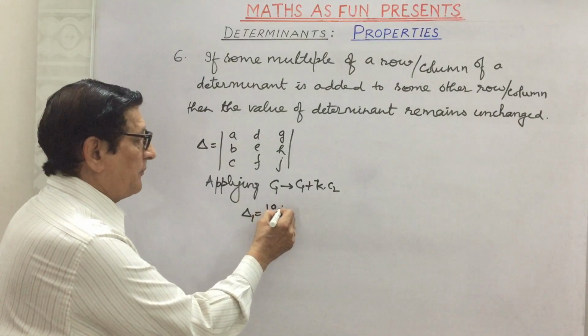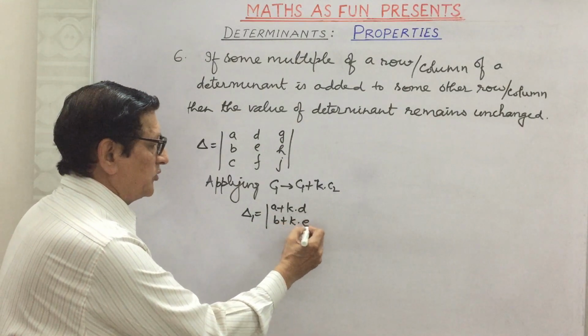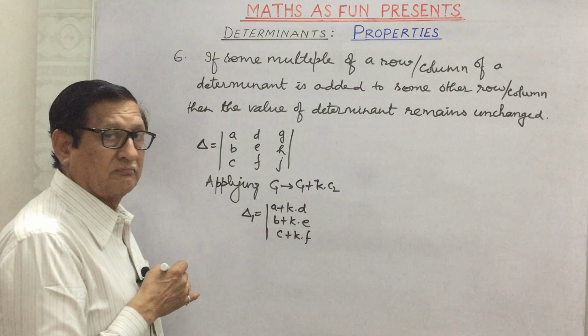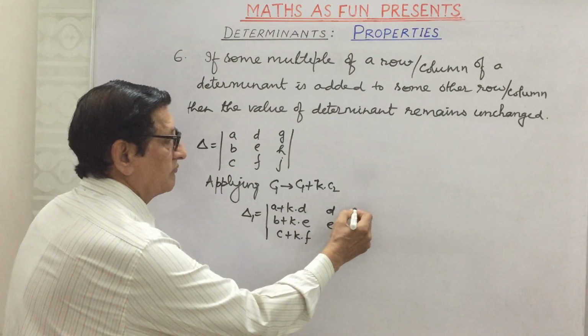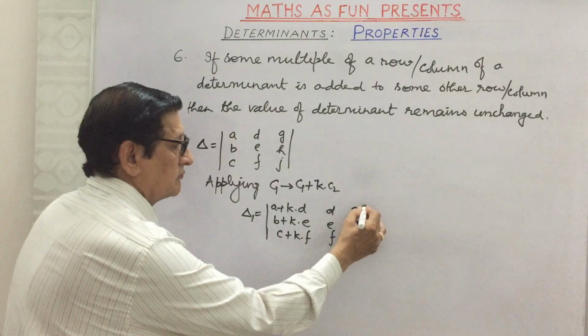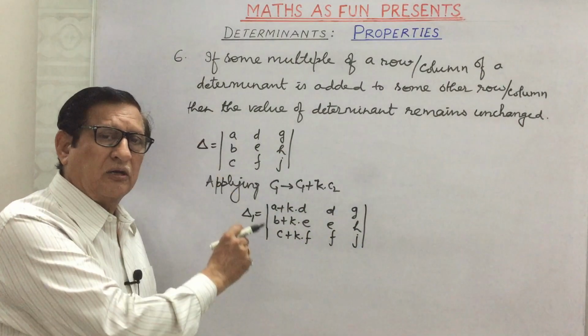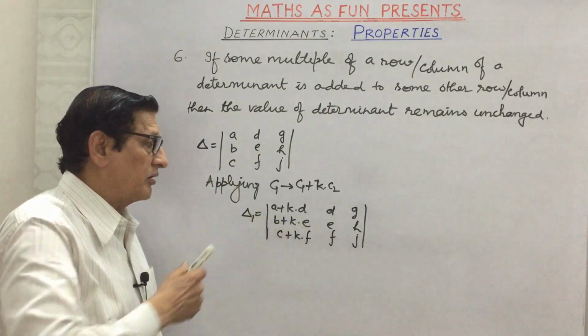Will it be A plus k into D, B plus k into E, C plus k into F or not? The second and third columns remain the same. We can verify this property numerically or theoretically. Suppose we want to verify it theoretically here.